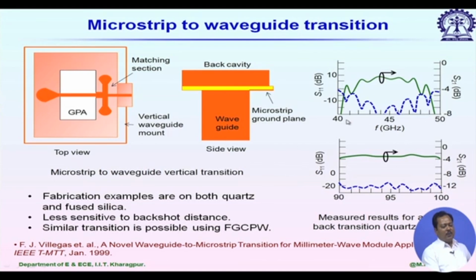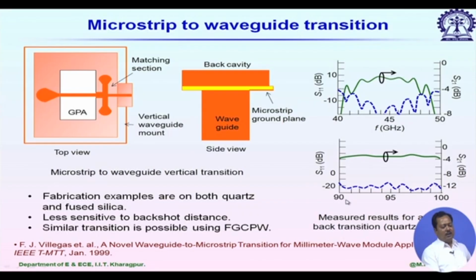The first example is over the 40 to 50 gigahertz band, and you see the S21 is quite good for these two transitions, including a section of rectangular waveguide. So, its mid band loss is just 2 to 3 dB for two transitions.